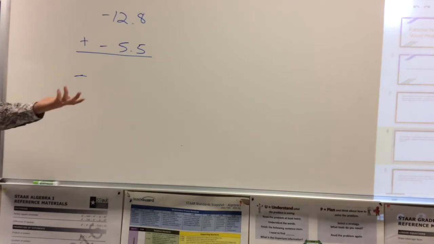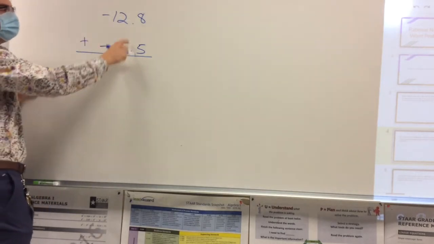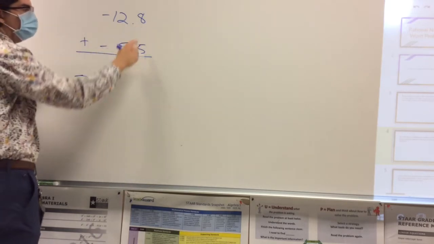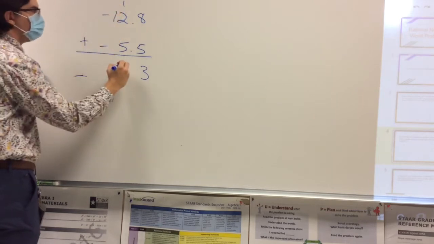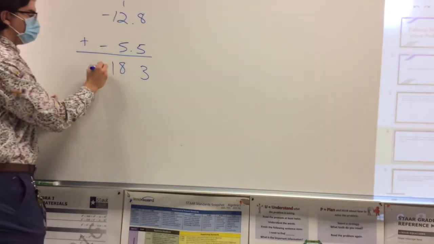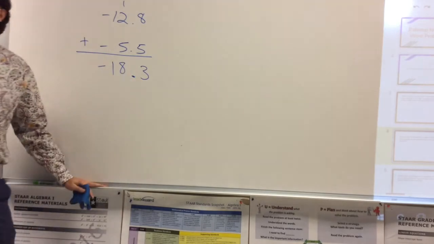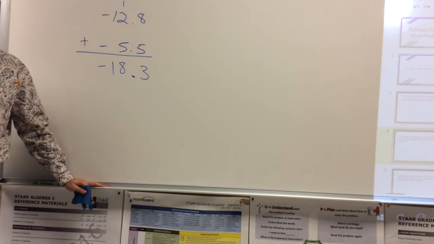No. That'd be awesome if we did, but we don't. So here we're going to just add like normal because our decimals are lined up. 8 plus 5 is 13. 5 plus 2 is 7 plus 1 is 8. Bring down that. So my final answer is they lost negative 18.3 yards. Negative 18.3 yards. Questions on that one?